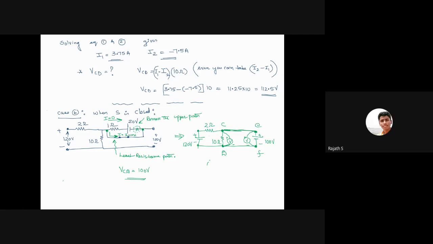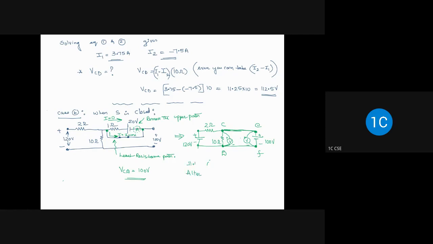Sir, what is the effect of the 120 volt battery on CD, sir? Which one? The 120, see, I'll tell you. There is one battery here and there's one battery here. If you want, you can apply mesh analysis and you can find out I1 minus I2. That also you can do. Alternatively, you can try it out at home.